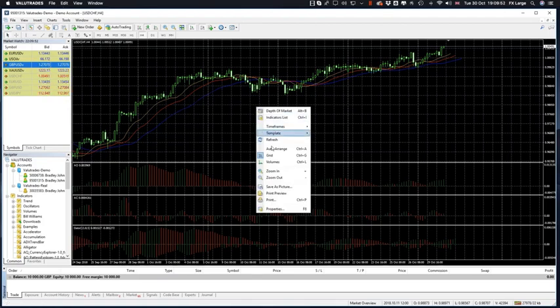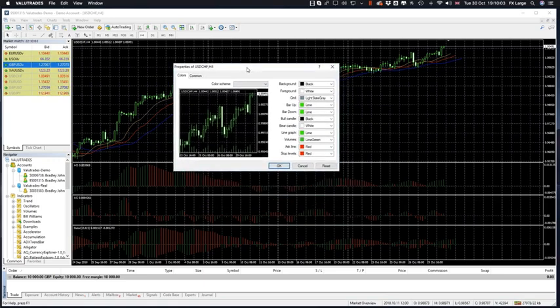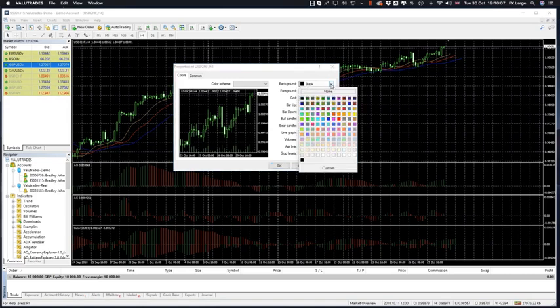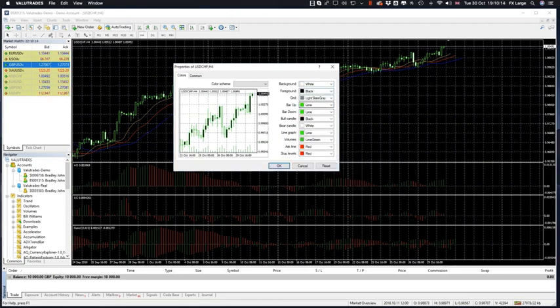To make this chart look a little prettier, we can right-click on the chart and we see a variety of commands. We go to Properties, and here we have everything we need to do to change the chart. I'm going to make this into a white background. I want the foreground to be black. My grid is fine, leave it at gray.